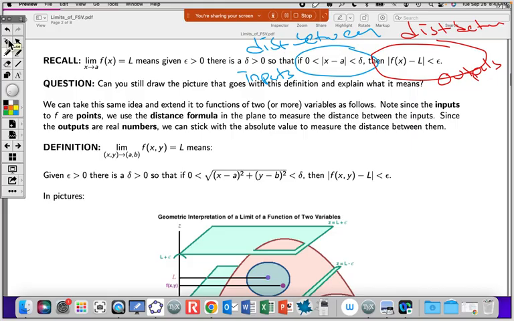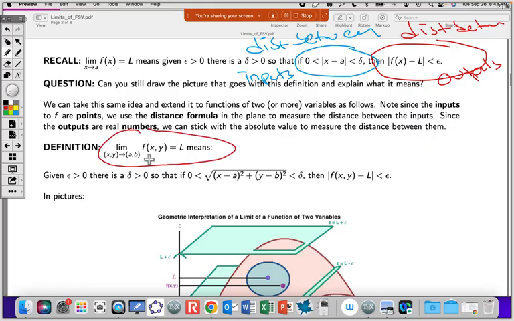So let's take this up a dimension. Once again, I encourage you to go back to the end of section 14.1, vector valued functions, where we looked at this very limit definition and vectorized it. Now we're going to generalize this definition to this.